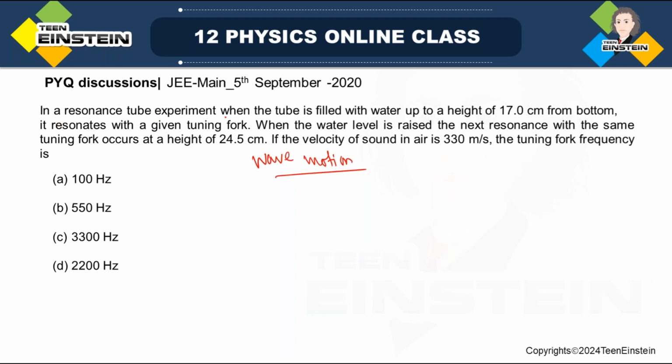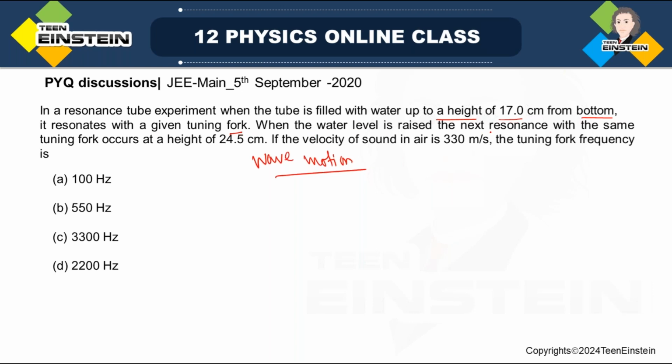In a resonance tube experiment, when a tube is filled with water up to a height of 17 centimeter from the bottom, it resonates with a given tuning fork.